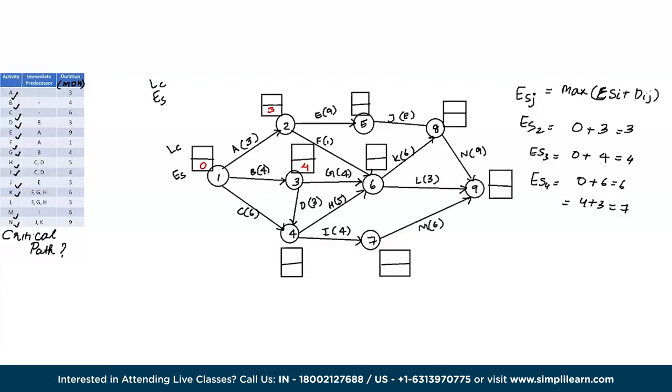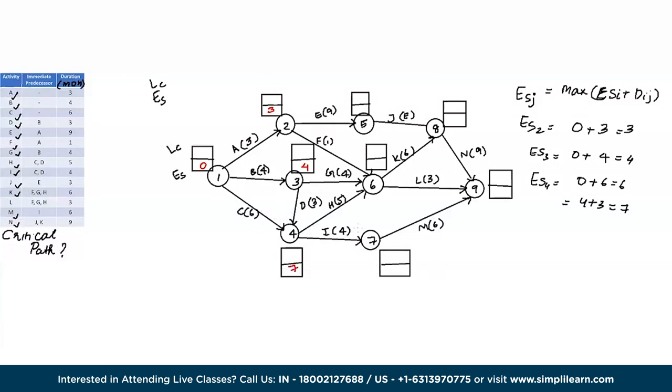So here, considering that we are taking the maximum of both, we'll have to choose 7, which we'll write down here. I hope you guys understood how we did that, which is basically we took the maximum of both the values that are coming towards the node number 4.